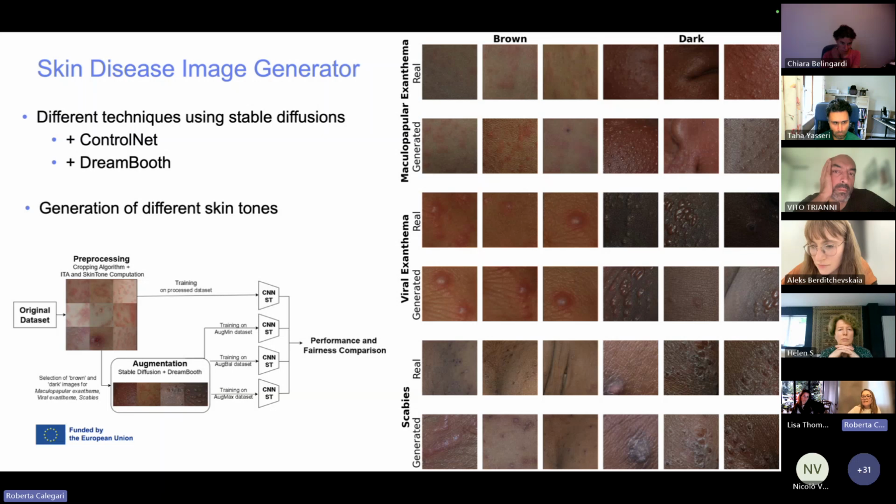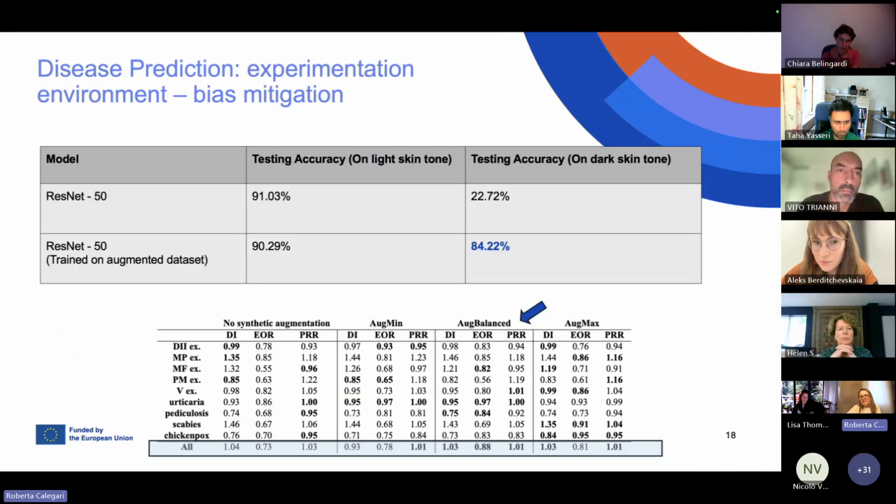Because the same disease on a darker skin tone can show in a completely different way compared to white skin tone. So if we train the generative model unaware of this, we can have a lot of mistakes. After this work, we also increased the accuracy on darker skin tone.